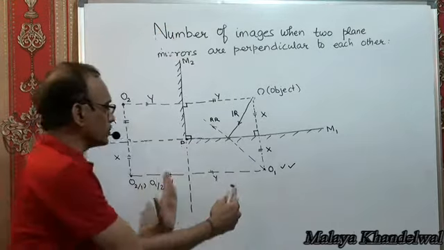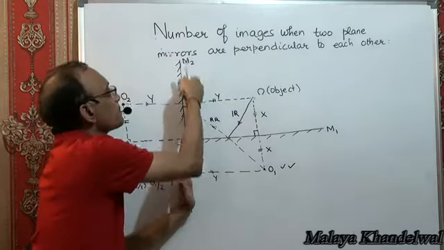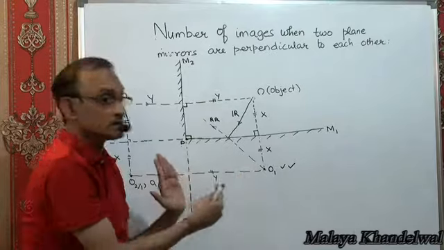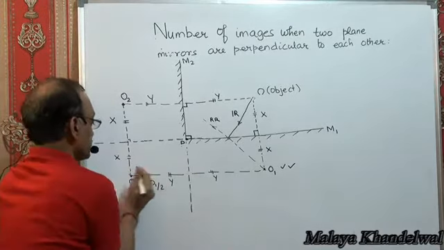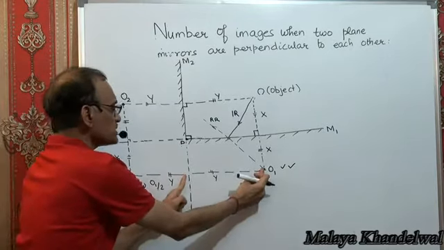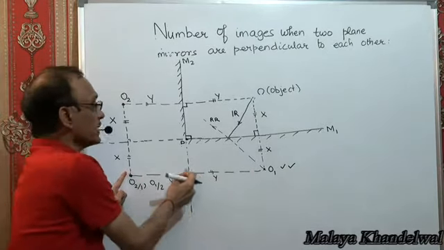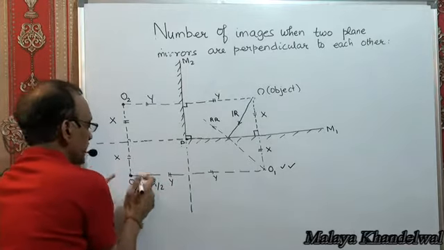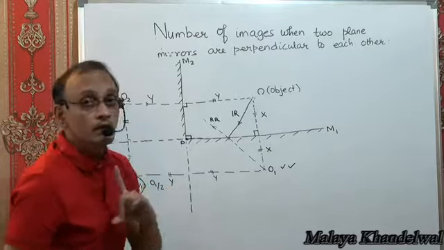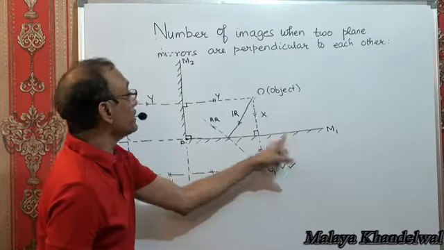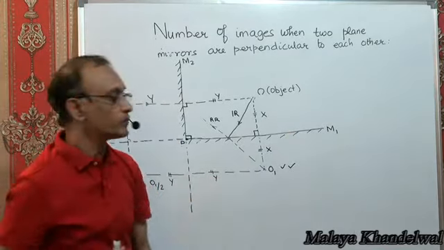Of course, this is a virtual object, and its image would be O21, which would be this point. Very clearly, if this is y, this is going to be y, and if this is x, this is also going to be x. So there is a third image, which is reflection from M1 and then reflection from M2.